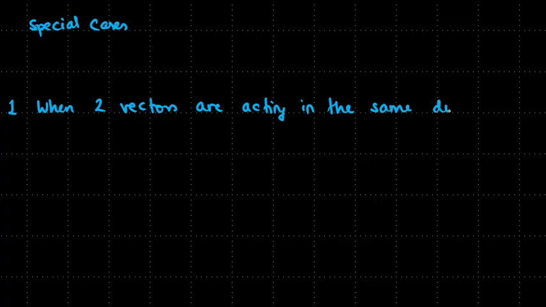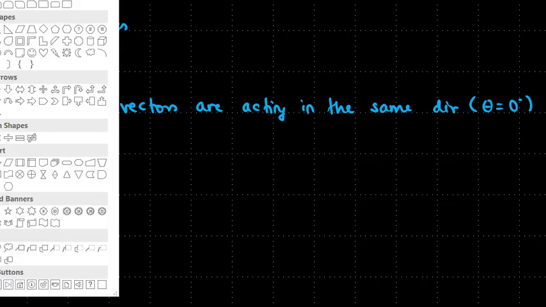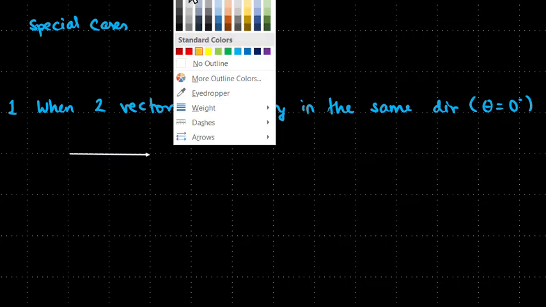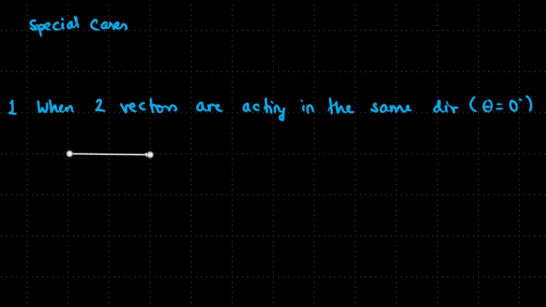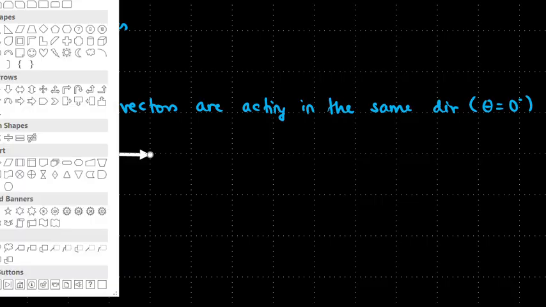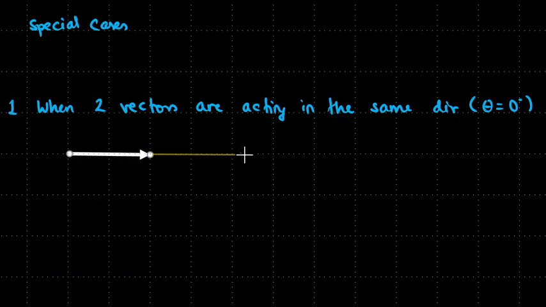It will mean that the value of theta is 0 degrees. To understand this, let's just take some vectors. Let's suppose this is some vector, let's call it A in this case. Let's make it so that it looks like our original figure, just a little bit changed.